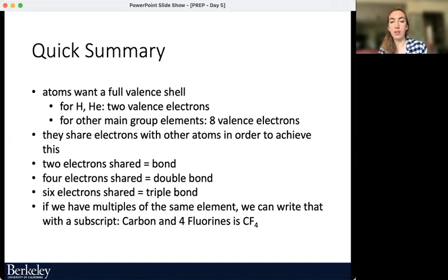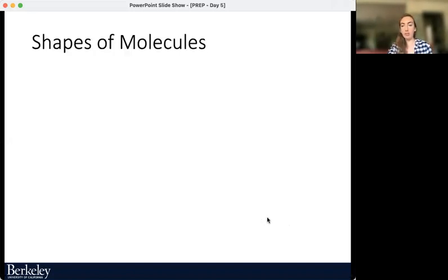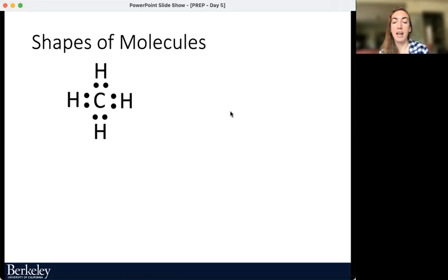Okay. So I want to talk just a little bit about the shapes of molecules. This is like a whole complicated thing. So I don't want to try to figure out the shape of every molecule that's ever going to exist. But when I have this carbon atom with 4 hydrogen atoms, in general, these want to be spaced out as far away from each other as they can be.